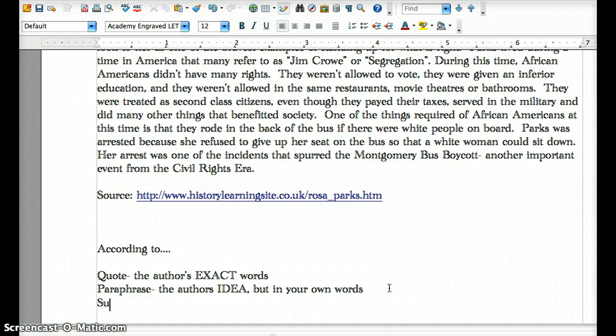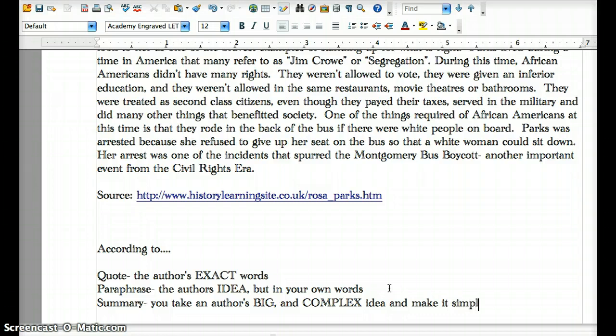You might also use something called a summary, which is where you take an author's big and complex idea and make it simple. Again, in your own words.